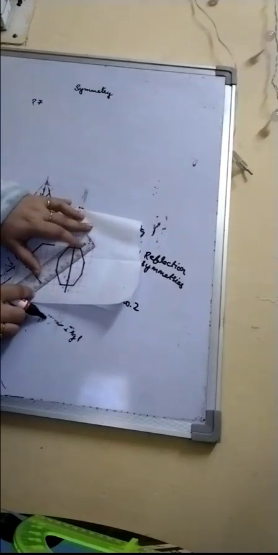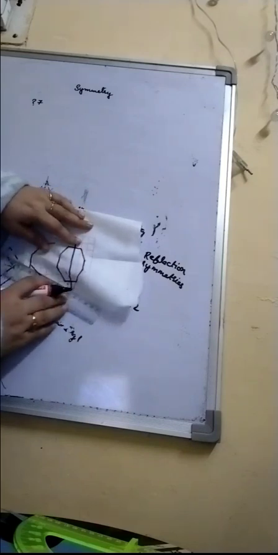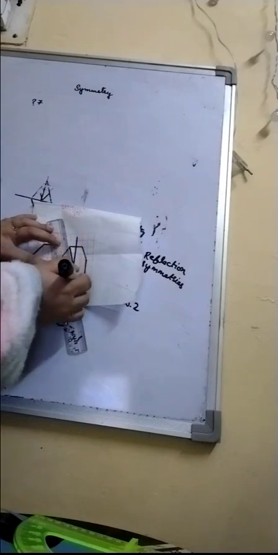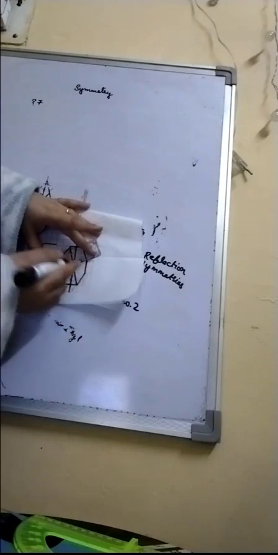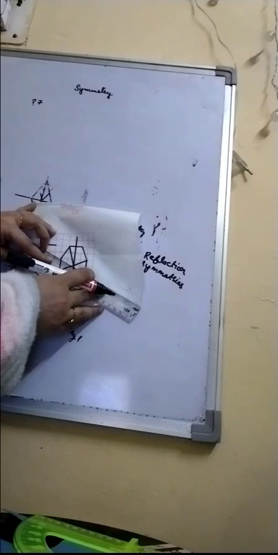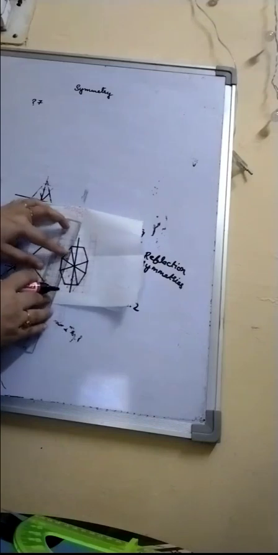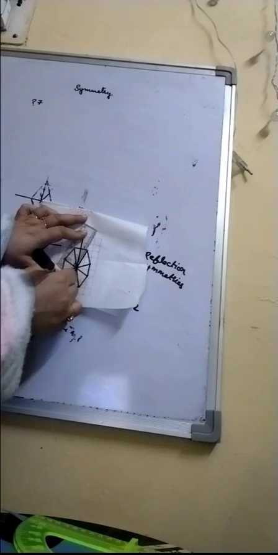Then the second line of symmetry would be the corner, this corner with this corner. So this is the second line of symmetry. Then the third line of symmetry would be the opposite corners. Then the fourth line of symmetry would be this. The fifth line of symmetry would be another corner.